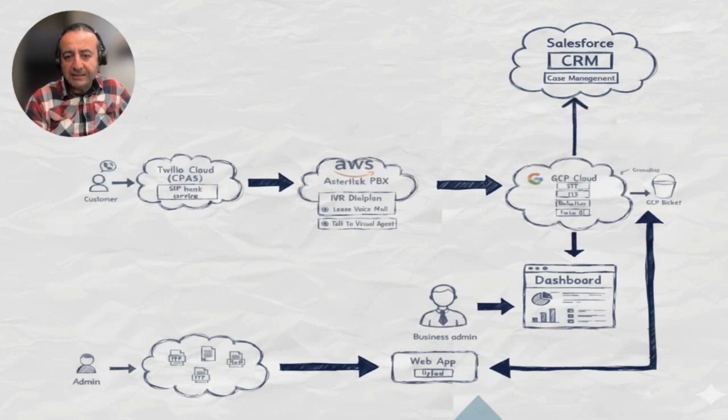So a support case is instantly created with complete conversation history, AI-generated summary, the customer sentiment score, the recommended action, next best action, and all the relevant metadata. That means your support team can immediately follow up with full context, eliminating the need for customers to repeat themselves. The entire journey from phone call to the CRM can happen seamlessly and automatically.